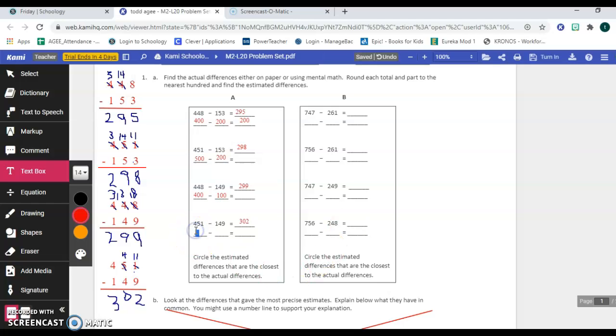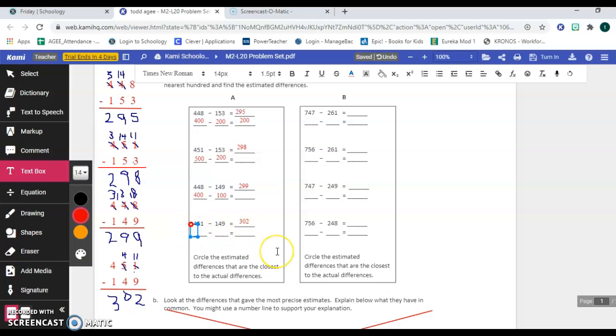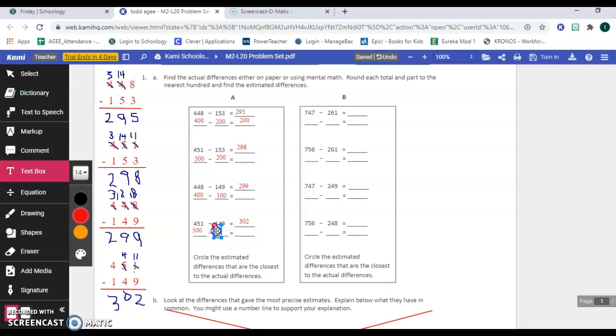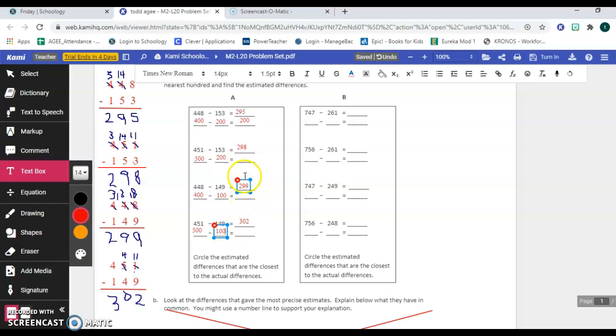And 451 rounds to 500 when we're rounding to the nearest 100, and 149 rounds to 100. Okay, so 500 minus 200 is 300, and 400 minus 100 is 300, and 500 minus 100 is actually 400.